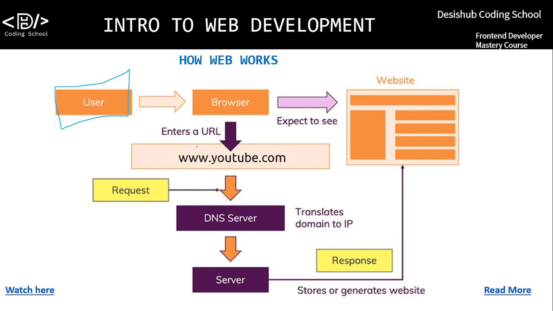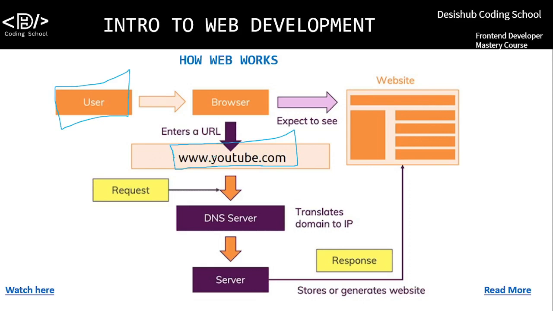Normally this person goes to the browser and then he enters a URL, and this URL is what you normally buy from internet when you want to host your website, and it is called a domain name most of the cases.